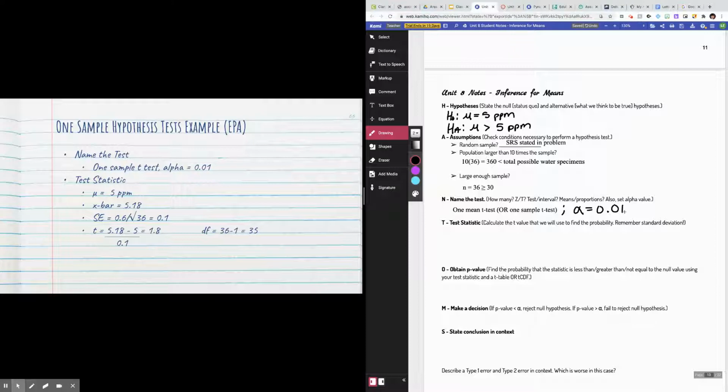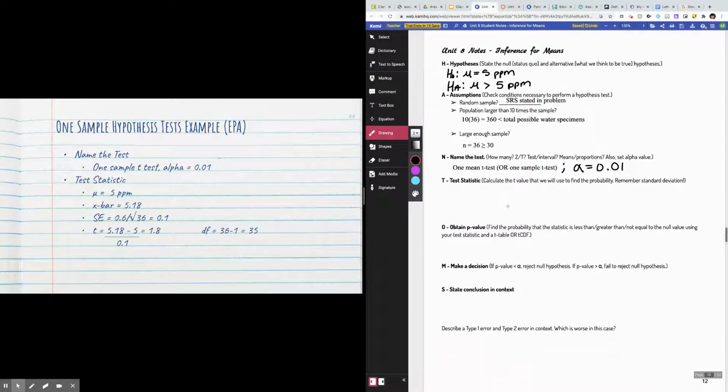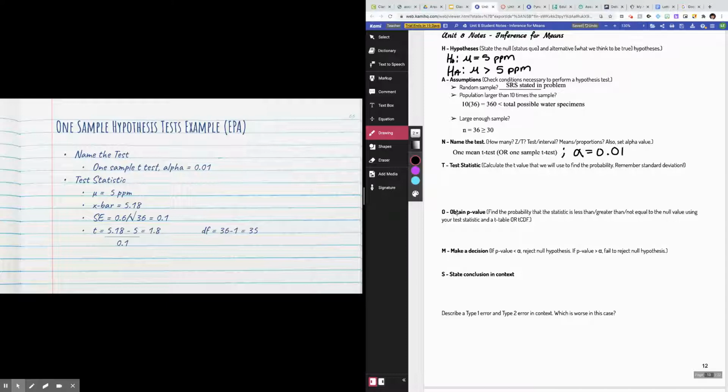Next comes the actual math part. The T and O steps are where the actual math happens. My mean that I'm assuming for the population is 5. X bar is 5.18, they tell us that in the problem, and the sample standard deviation was 0.6.